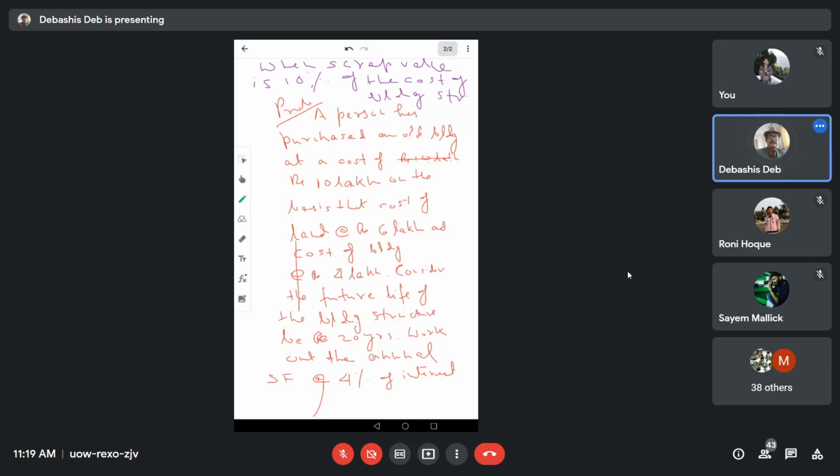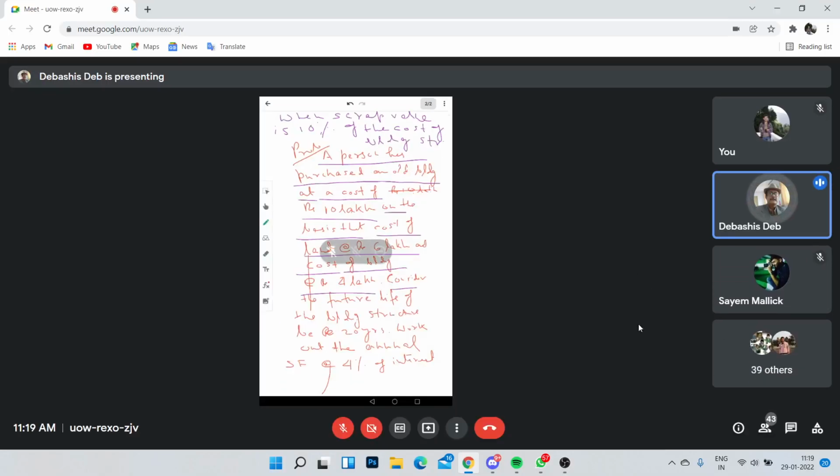Let me repeat. A person has purchased an old building. So building means old building plus the required land at a cost of rupees 10 lakh. On the basis that, what is the basis? Cost of land 6 lakh, cost of building 4 lakh. Consider the future life.